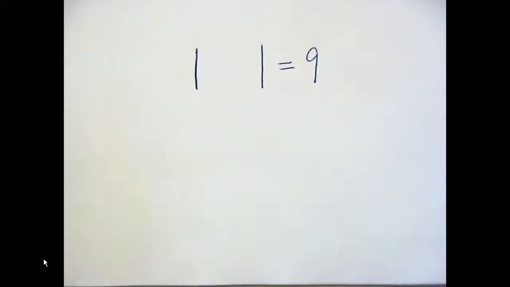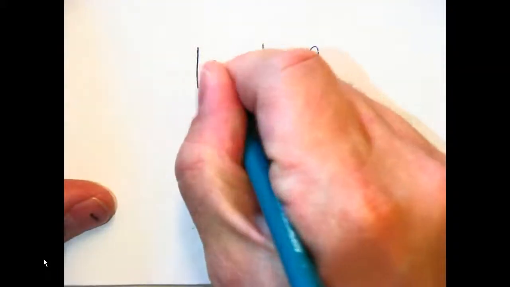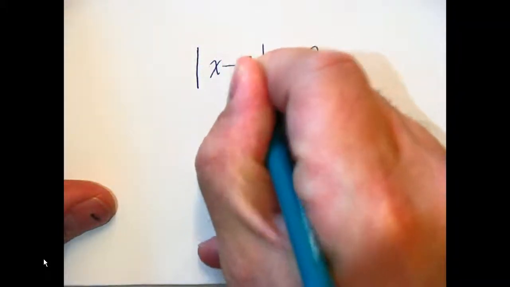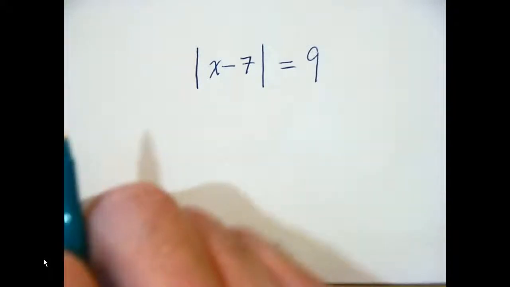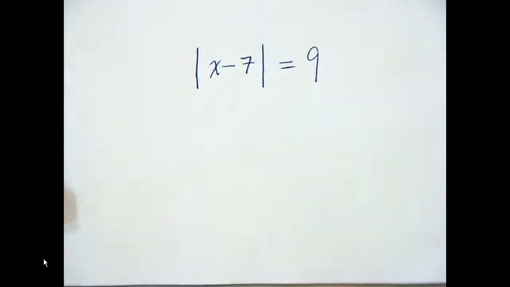All right? Here it is. The absolute value of x minus 7. Find the solution. Two solutions there. So would you start from 7 on a number line if you were doing this?